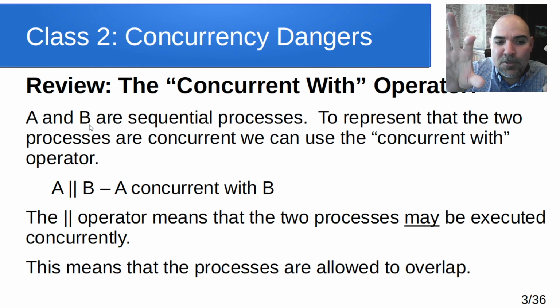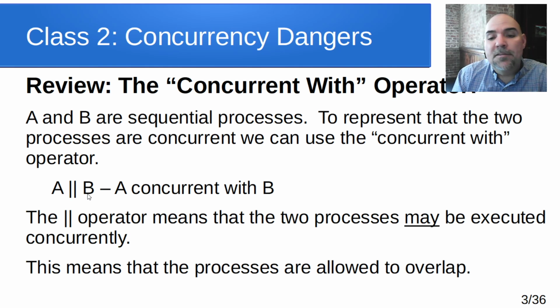They're completely sequential. But what the concurrency operator means, as we show here, A concurrent with B, is that those two processes may overlap, that they're concurrent with one another. That means it's okay for them to overlap their execution.